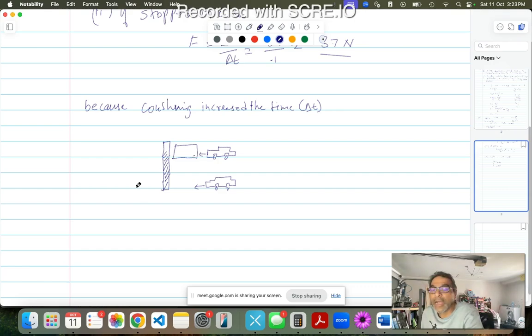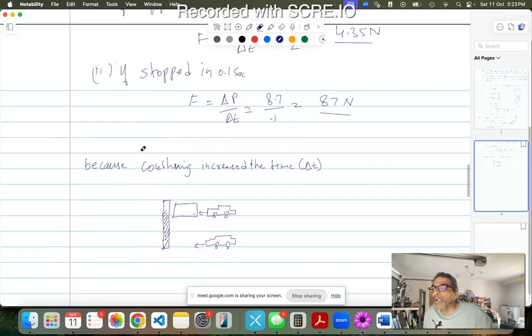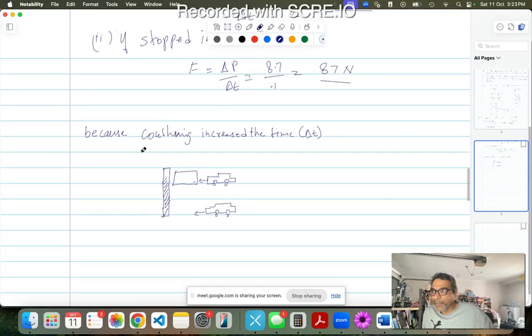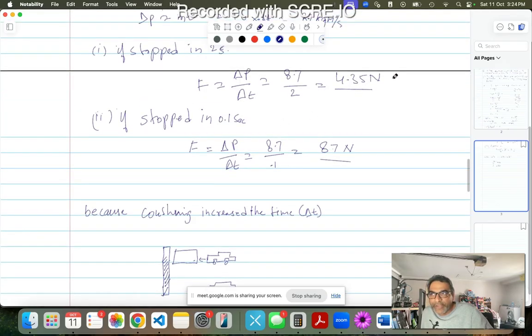No, I'm saying that first we have calculated the momentum before the impact, and then we are comparing the time it takes, once with the cushion and once without the cushion. The force we are calculating is about after the collision. If it stops in 2 seconds, the force is 4.35 Newton.